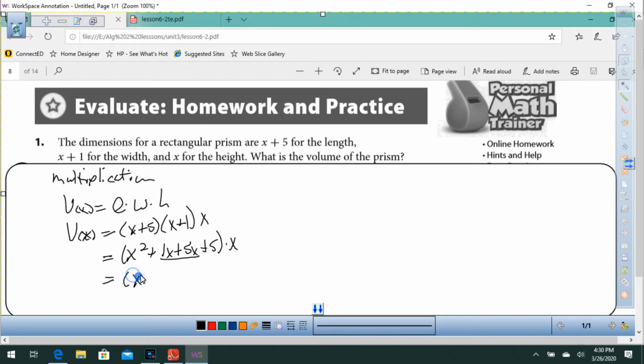So that's going to give us x squared plus 6x plus 5, times x. X squared times x is x cubed. 6x times x is 6x squared. And then 5 times x is 5x. Okay?